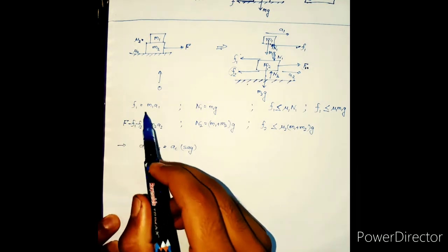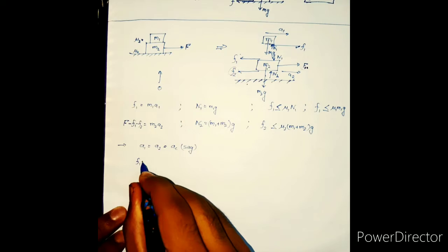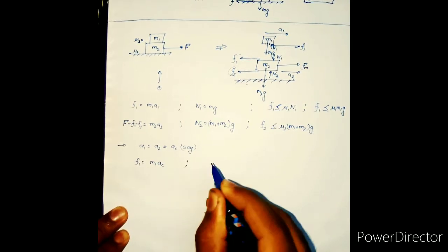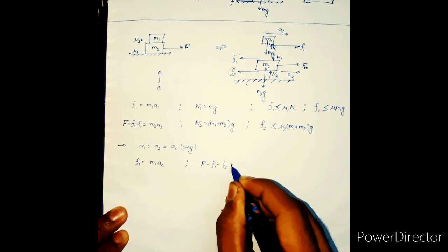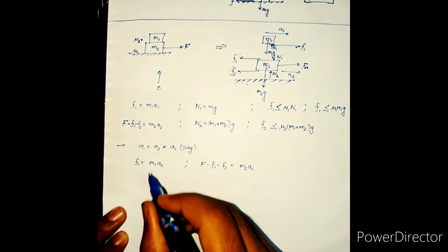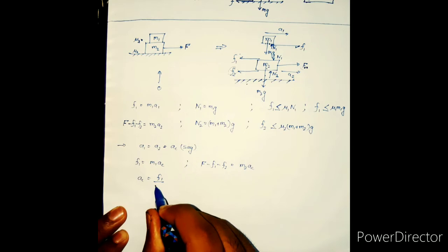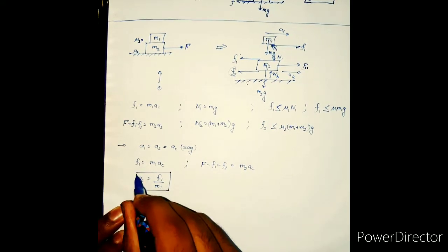I'm rewriting the equations in terms of AC. I will get F1 is equal to M1 AC and F1 minus F2 is equal to M2 AC. Now the equation for AC with respect to F1 can be written as follows: F1 by M1.